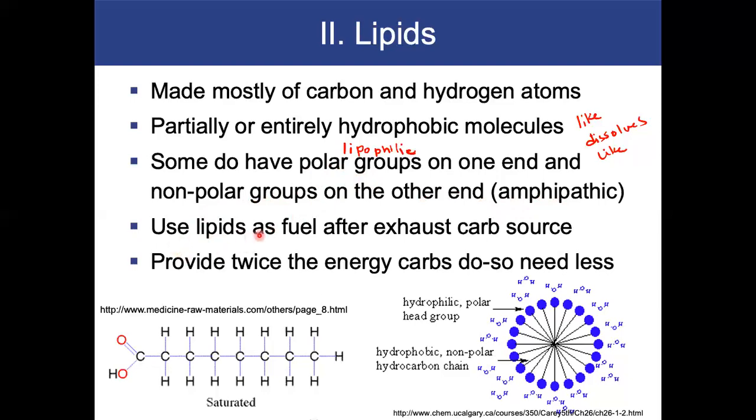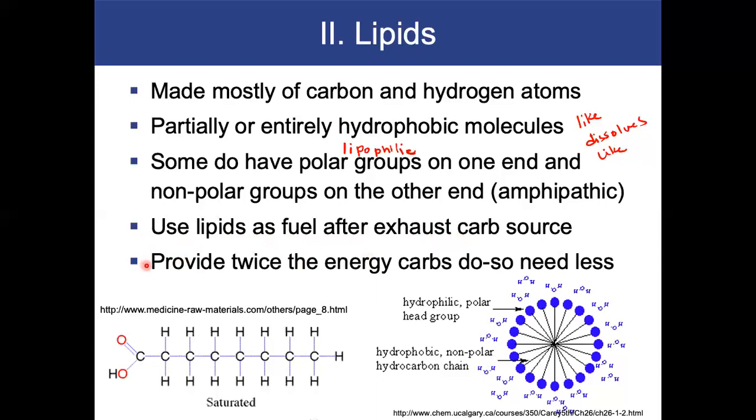You're going to use lipids as a fuel source after you exhaust carbs. Use carbs first as a fuel source, lipids second, and then proteins last. Lipids provide twice the energy that carbs do, so we need less. I'm going to talk about the nutrition assignment in lab.